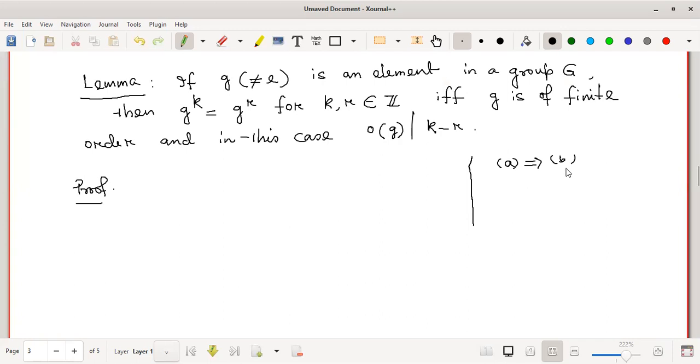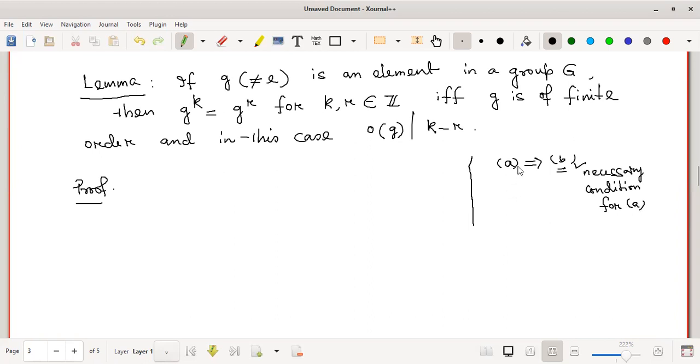In that case, B is called a necessary condition for A. That means when A is true, then B is true, and this B is called the necessary condition for A.